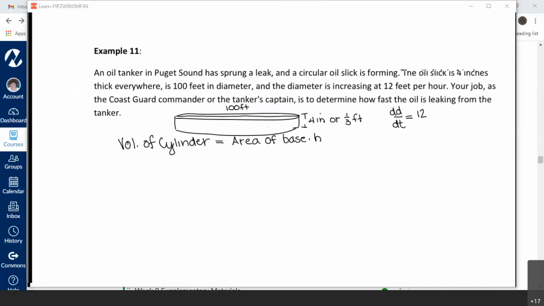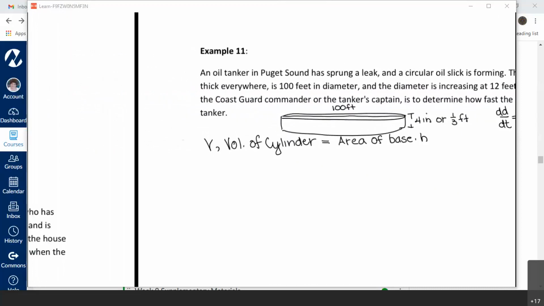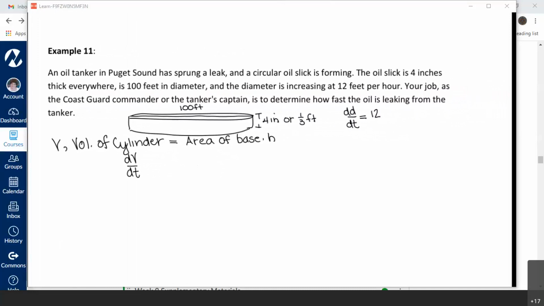Okay, and what you want to find is, rather than V, you want to find dV/dt. You want to find out how fast is that oil coming out of that tanker. Okay, so my area of my base is pi times the radius squared.